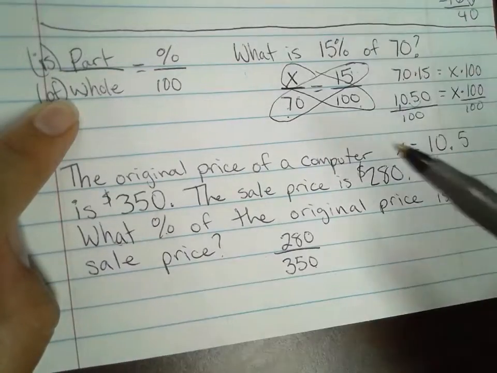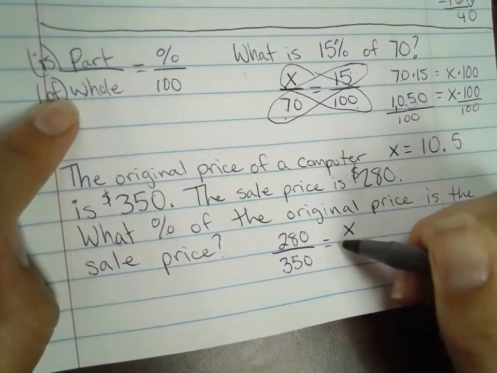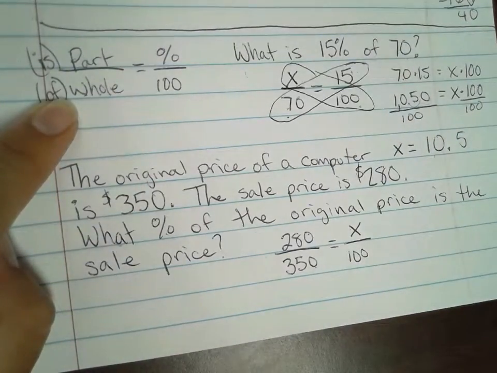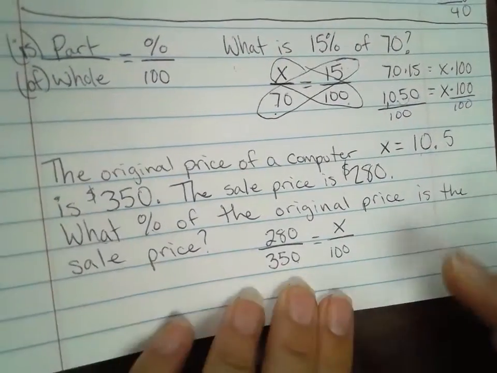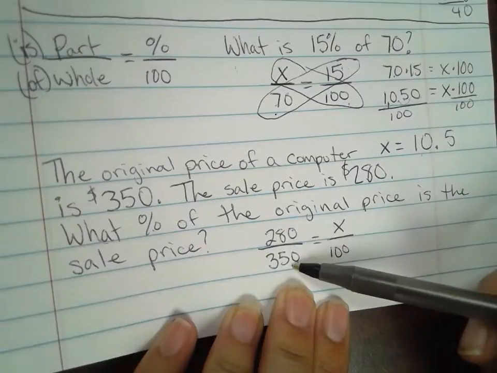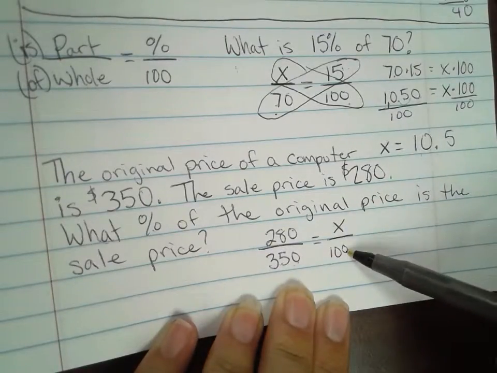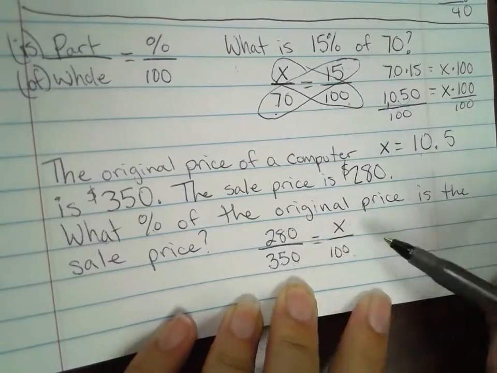I'm looking for the percentage. So what percent, I don't know the percent, out of 100. So if I'm looking for the percent that is the original price, what percent is this compared to this? So this is the part, this is the whole. Whole percentage, whole price. Part, part.